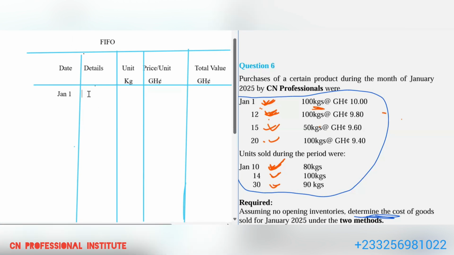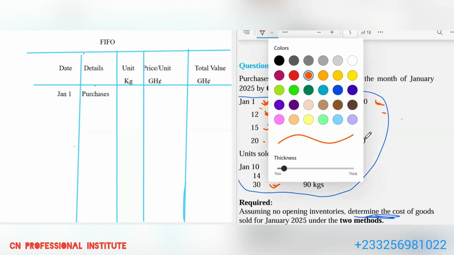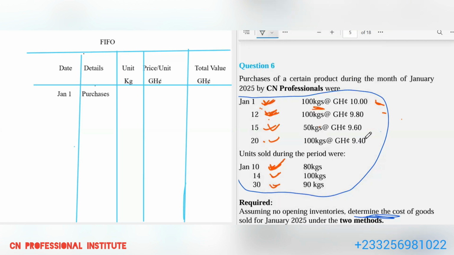So January 1 was purchases that we made. How many units did we purchase? If you come to 1st January here, we purchased 100 kg at 10 cedis.